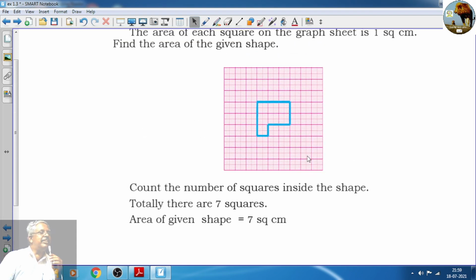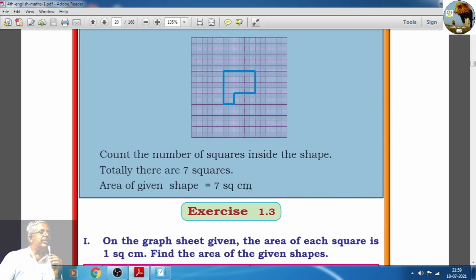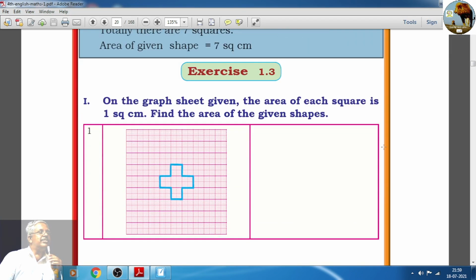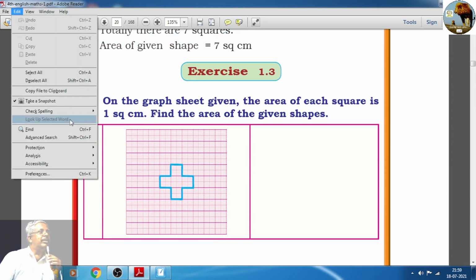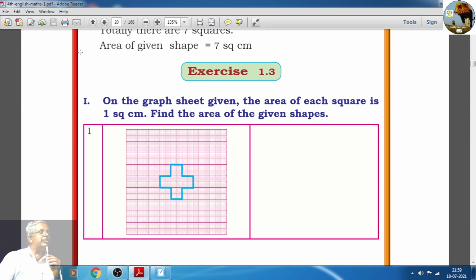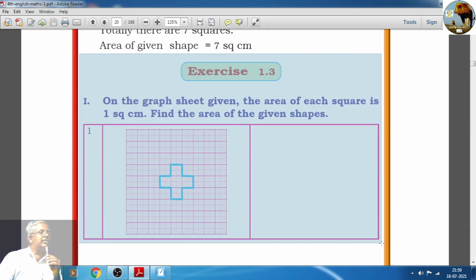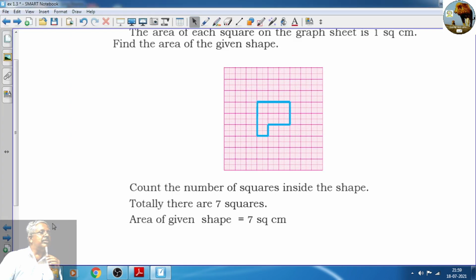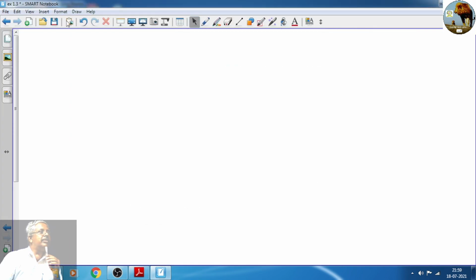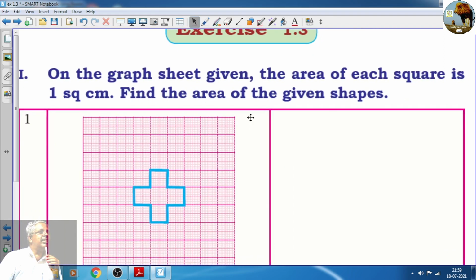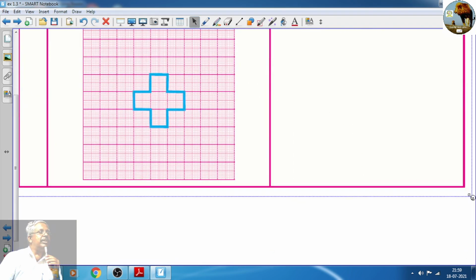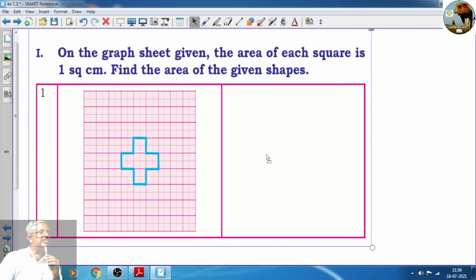Similarly, let me go back to the textbook again. Let us choose this example in the exercise 1.3. Okay, let me take a snapshot of this part, and I'm going to take this to my place, and naturally let me have it of a smaller size.